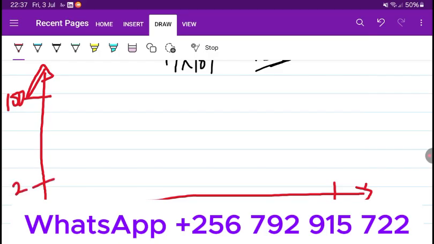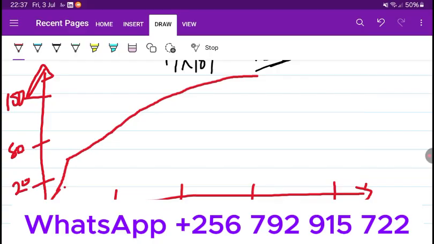Maybe 20, 50, 60, maybe 100. Then you start plotting. Of course, you will see it starts from 0. So you will see that if you get a good scale, we are going to be plotting values. The curve may look like this.